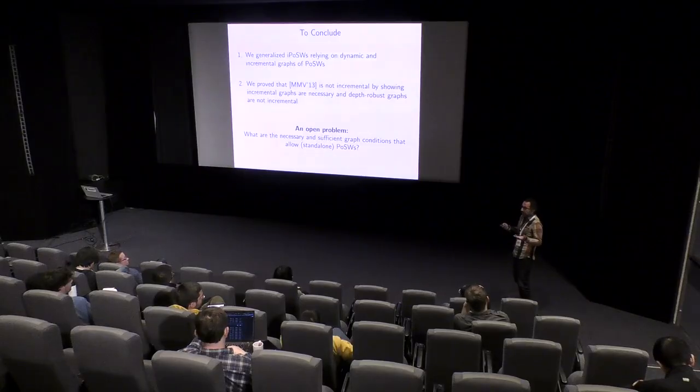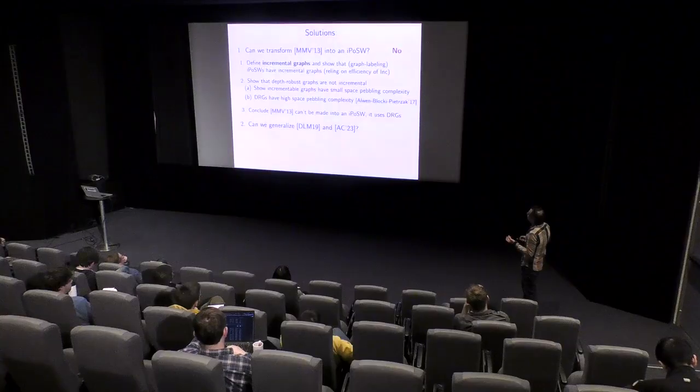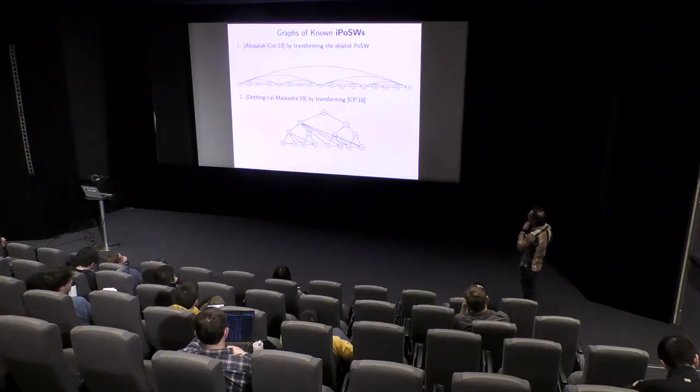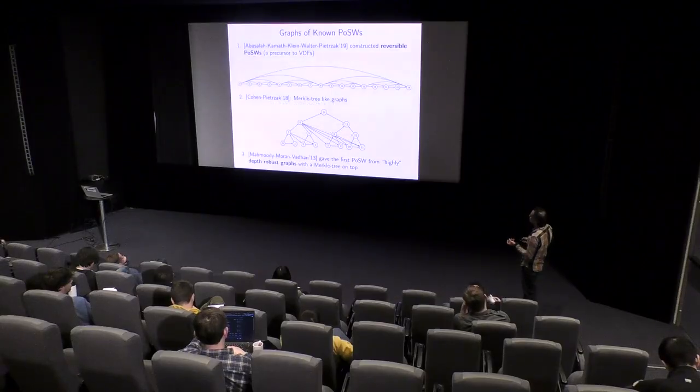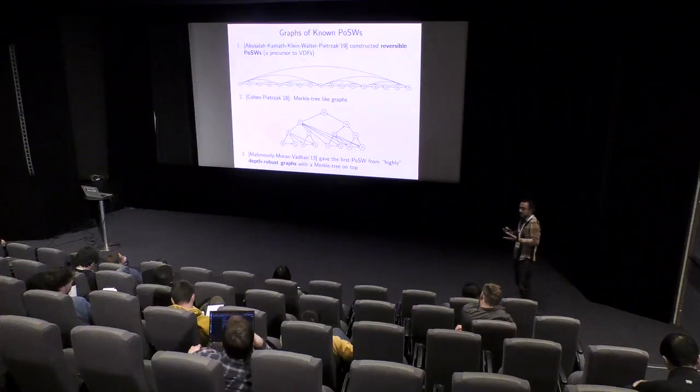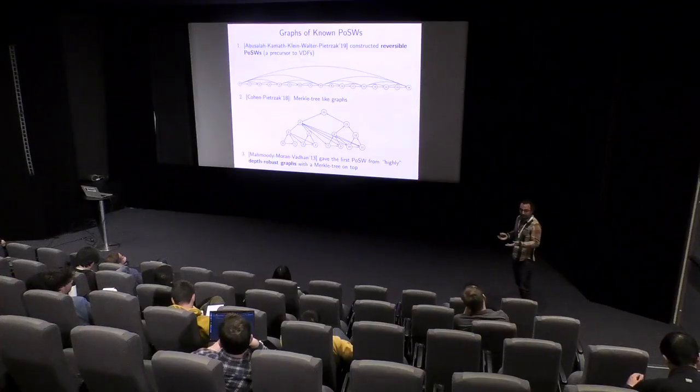We have no idea. We know that these three graphs that I showed you before all work. They all look similar, yet different. But we don't really know why they work. It's a very annoying thing.